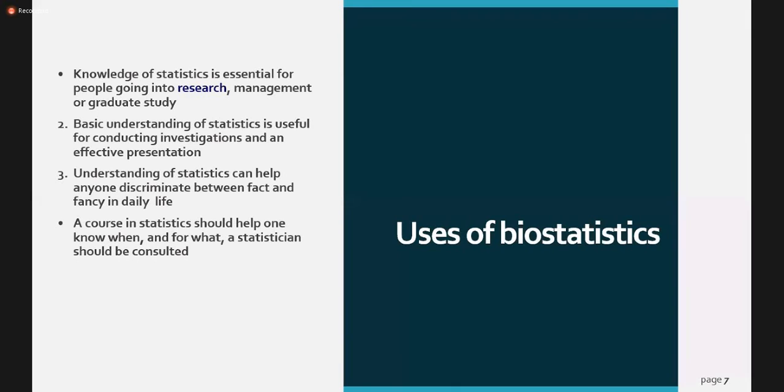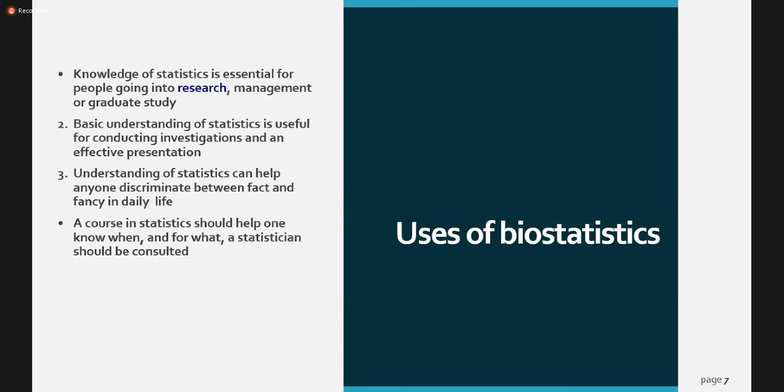So biostatistics is useful for conducting investigation and making effective decisions. For any research endeavor, as we discussed earlier, biostatistics is important.